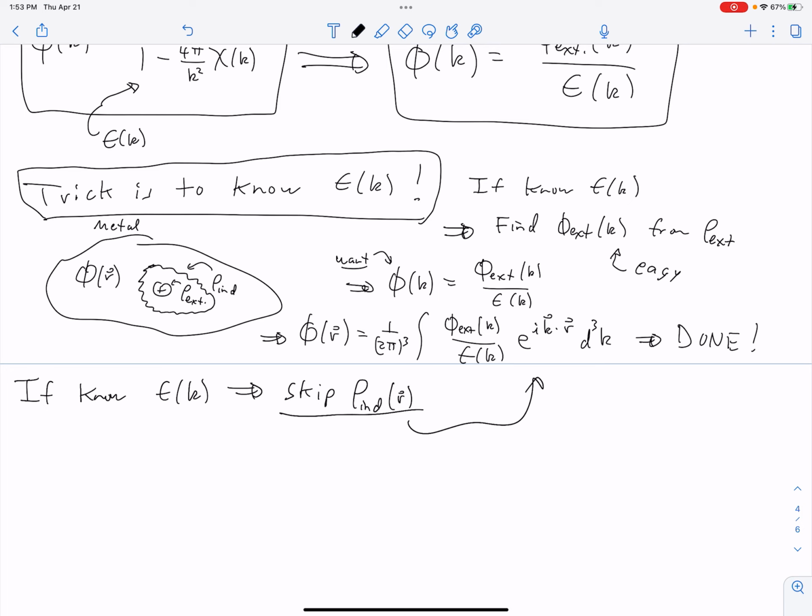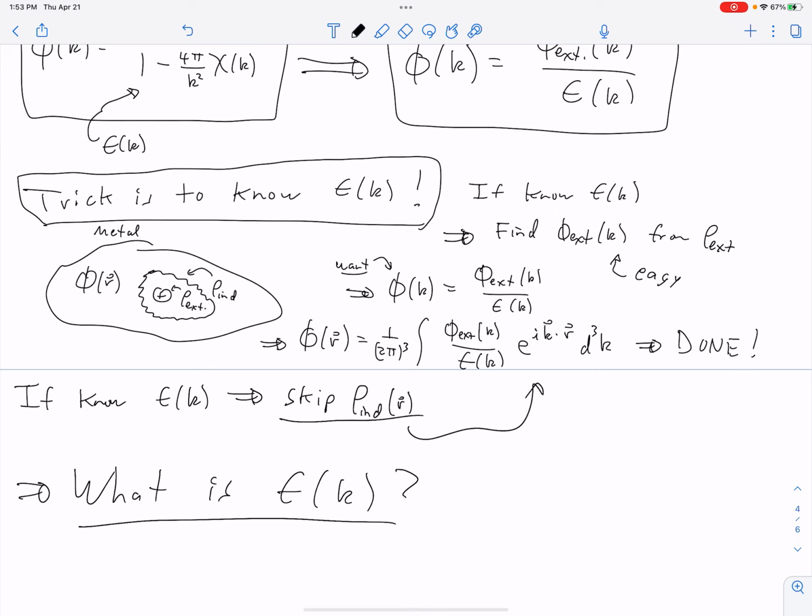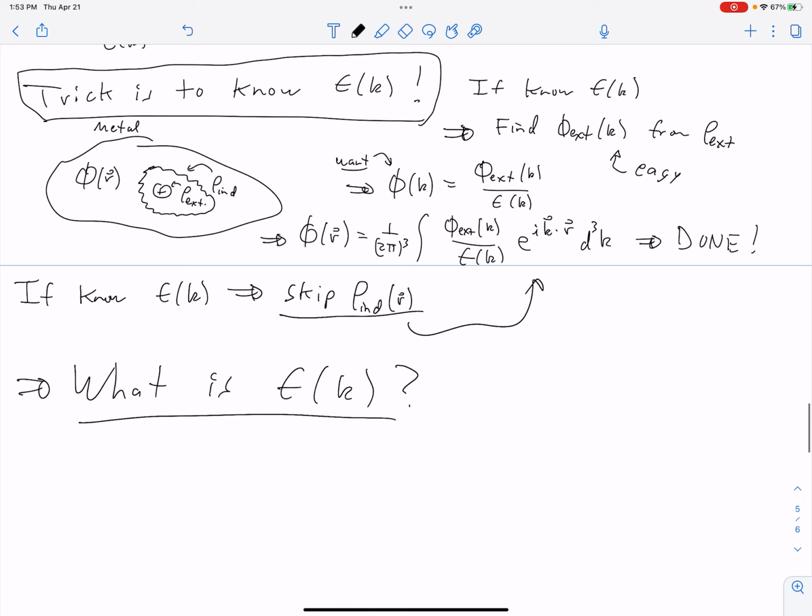So then the question is, what is the dielectric function? Okay, so this is now our new question. What is the dielectric function? How do we find it?